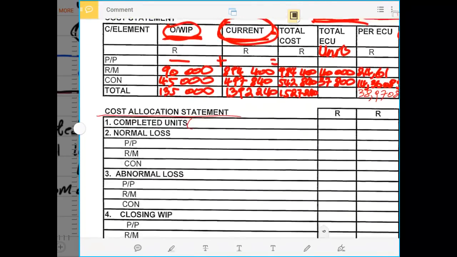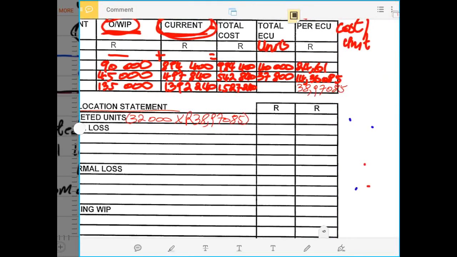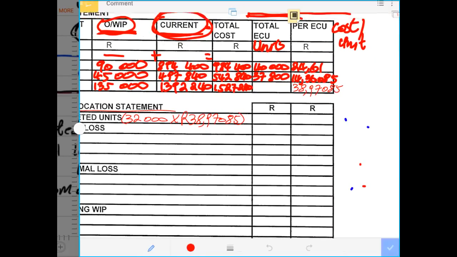So now we just say total cost, which is 32,000 units, times the cost per unit, which is 38.97085. That will give us the total cost of production for all the units that were completed, which will be 1,247,067.